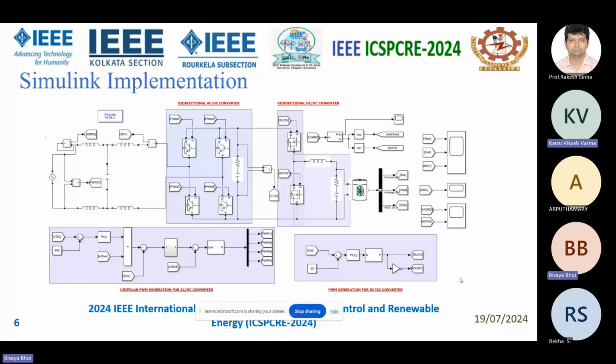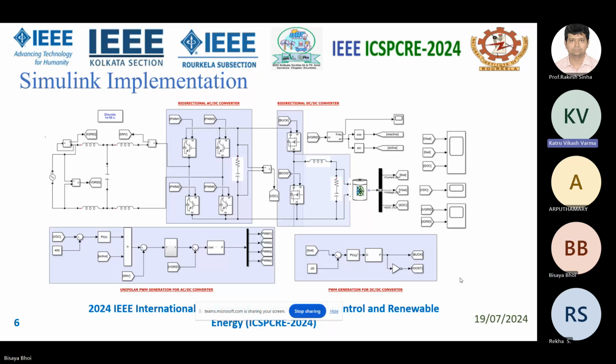Sir, for the battery, I have given one reference below which it cannot be discharged. I have taken about 50% of SOC. Below that, if the state of charge is degrading, then the voltage will not be supplied to the grid.